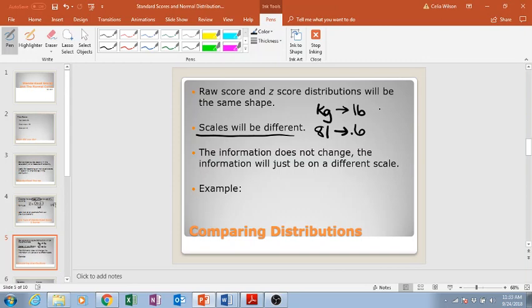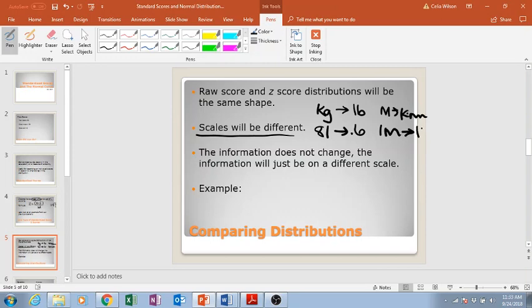Or if you want to think about a measurement that comes in miles, but you need kilometers, or vice versa. Maybe your kid's running track and they tell you they want to run the 1 mile. What is that equivalent to on the track?